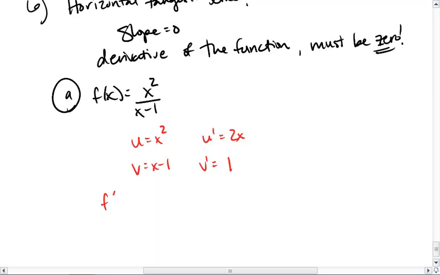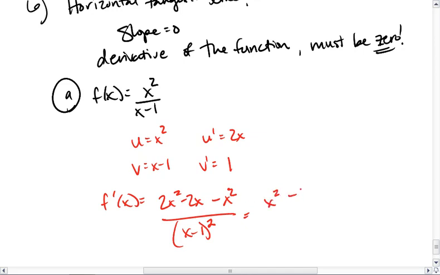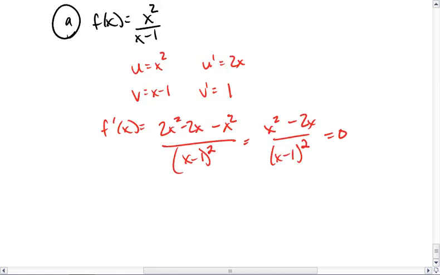We find that f prime of x equals (2x squared minus 2x minus x squared) all over (x minus 1) squared, which is actually (x squared minus 2x) all over (x minus 1) squared. And we're going to set this derivative equal to 0. When that happens, we then see that x squared minus 2x must equal 0.